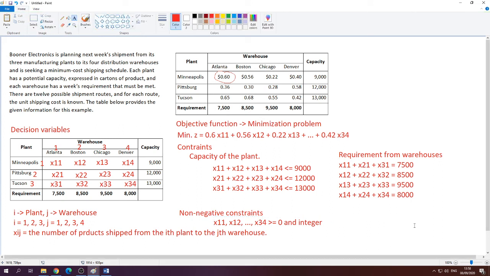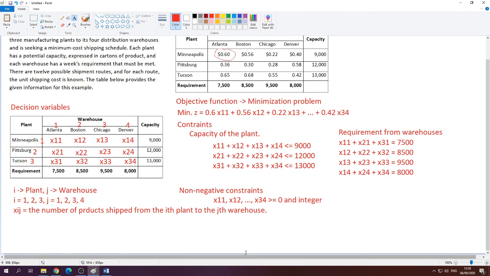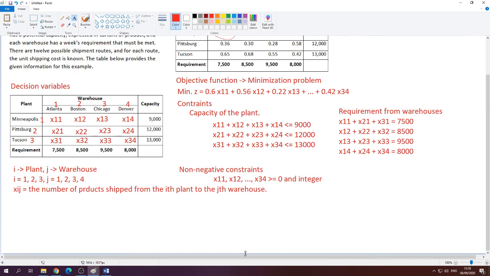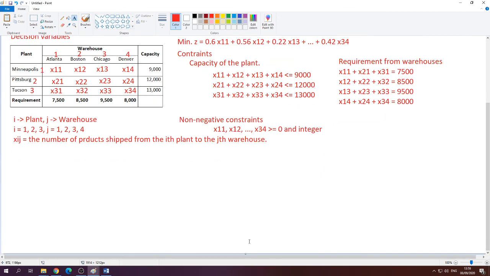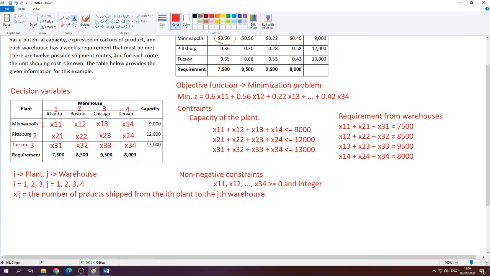Okay, and this is it, the linear programming formulation for this company problem. I'm going to summarize it. This is the objective function, I'm going to put it over here.